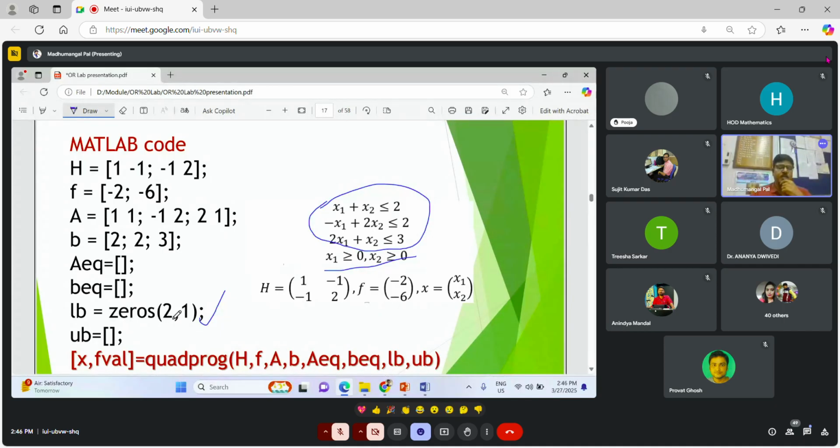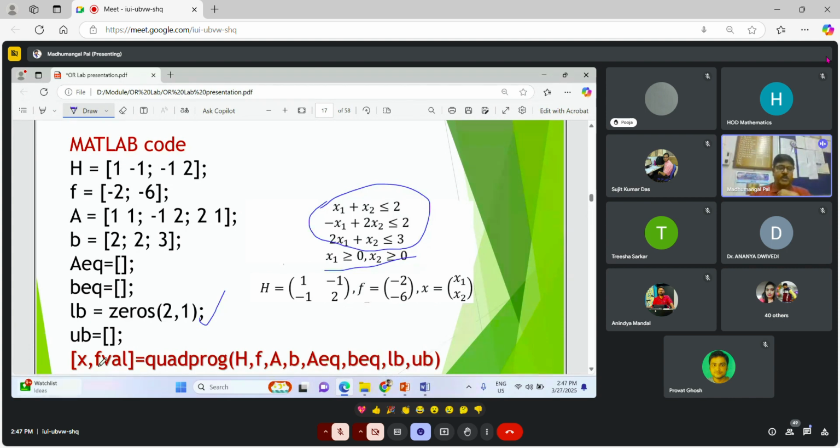Basically this generates a vector of size 2 rows, that is 2 elements, and 1 column. The first argument represents the number of rows and the second represents the number of columns. Using this formula we can generate a null matrix. If you want to generate a 5 by 5 null matrix, then we can write zeros(5,5).